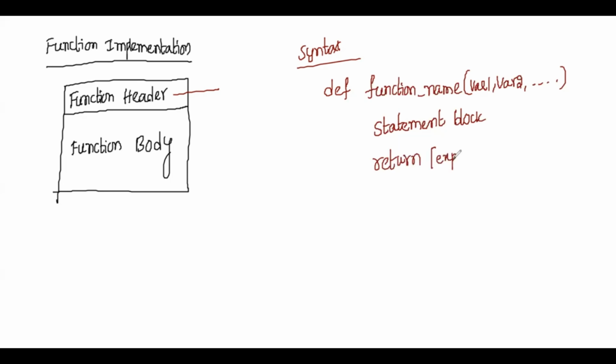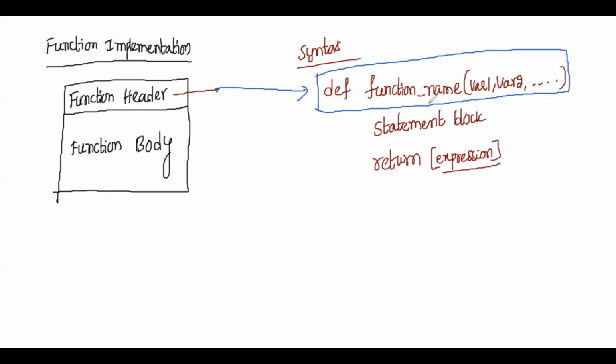When we write the return statement, we can specify the expression that gets evaluated, and the value will be returned back to the calling function. If you observe this, this part is the function header. Next, what is the body of the function? This part clearly specifies the body of the function, and this is the return statement which is going to return a value back to the calling function.